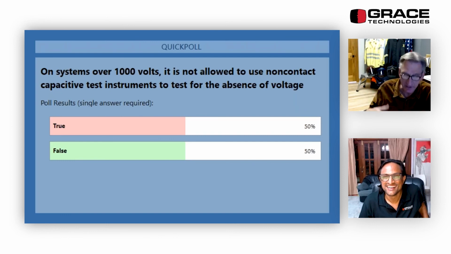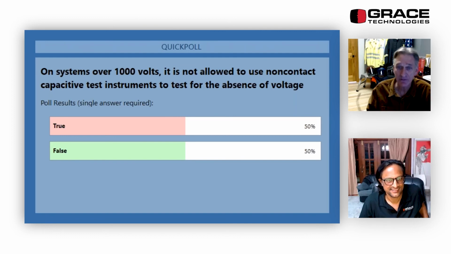This is 120.5, putting equipment into an electrically safe work condition. This is number 7, where we have to test phase to phase and phase to ground. But there's an exception 2 to number 7, which says that for systems over 1,000 volts, we do use a non-contact capacitive type tester to test for the absence of voltage.